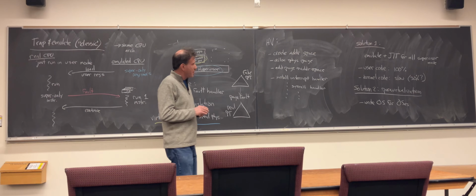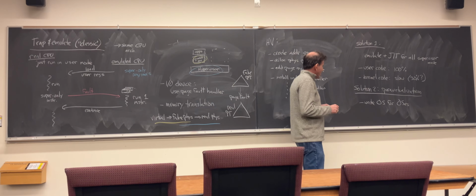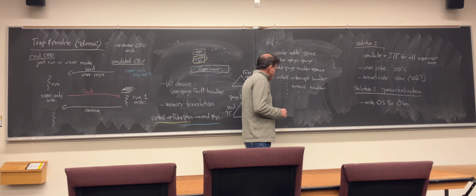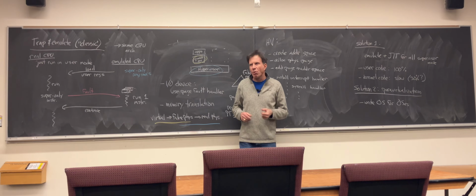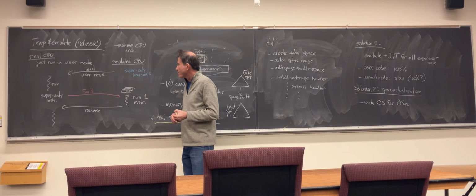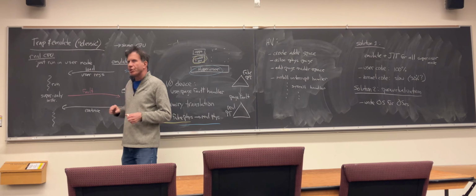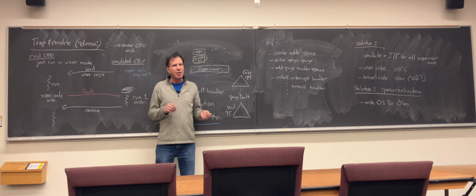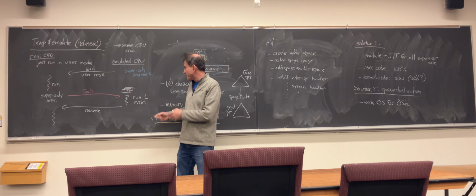This turns out to be quite efficient. Among other things, in trap and emulate, there's a whole bunch of places where you find yourself basically disassembling instructions and trying to figure out, the interface to everything is instruction disassembly.